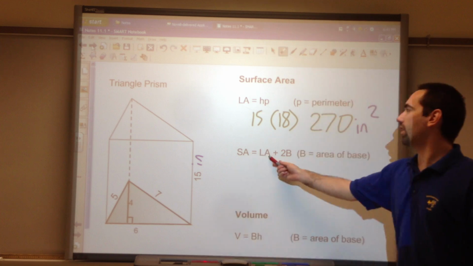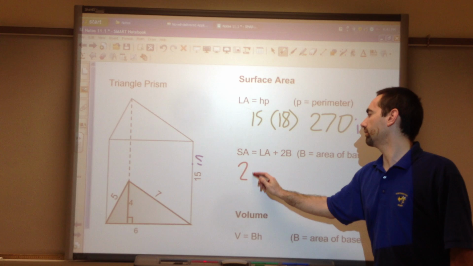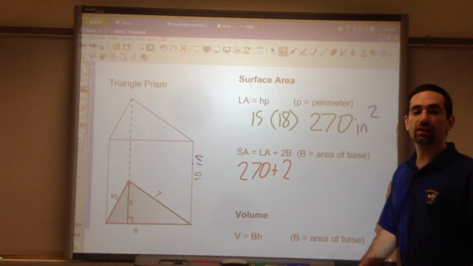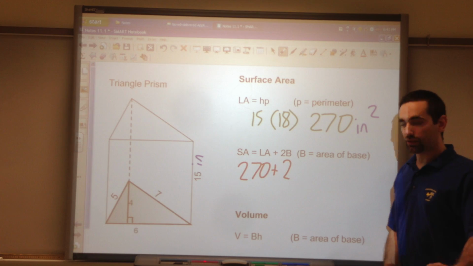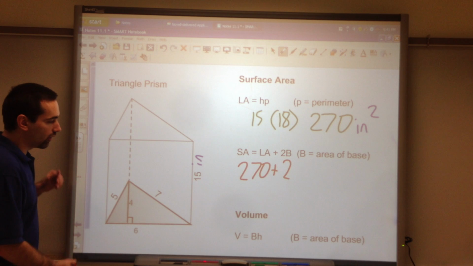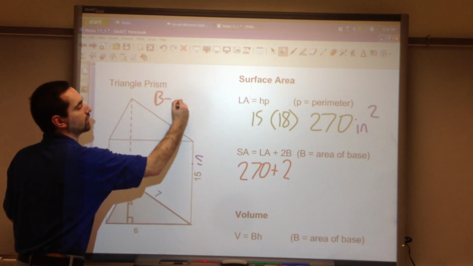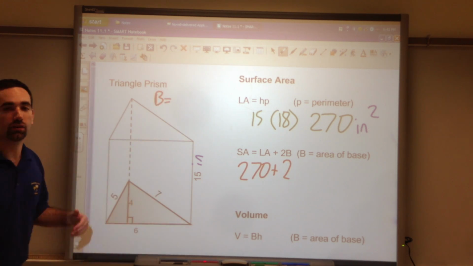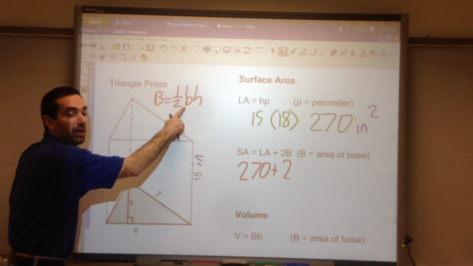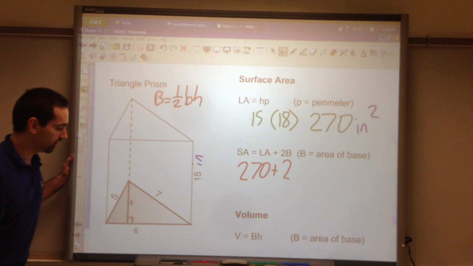So surface area is the lateral area plus 2 times B. B is the area of the base. Well, we've got a triangle here, so the area of the base is the area of a triangle. Area of a triangle is 1/2 base times height. Base of the triangle, height of the triangle.